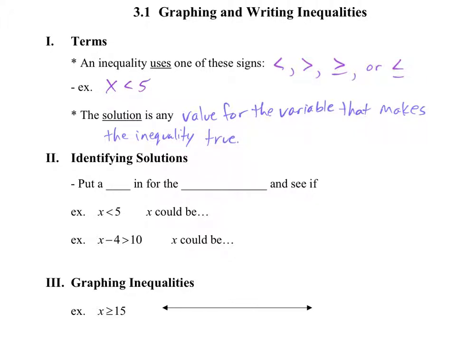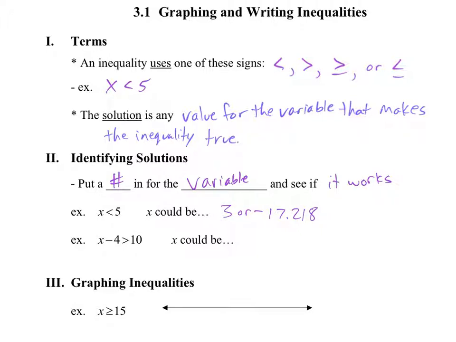Okay. Identifying solutions. For that, you could put a number in for the variable and see if it works. So these next two are kind of what we were just doing. X could be 3, or negative 17.218, but could be a bunch of different things.